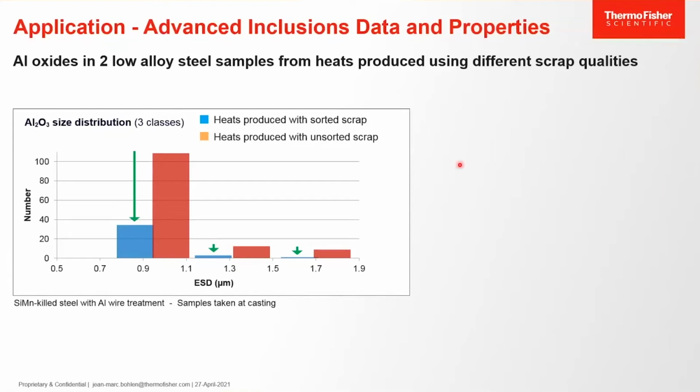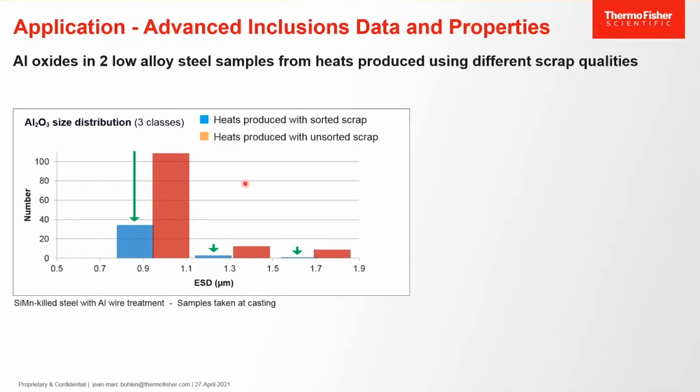The first one, in blue, is a sample taken from a heat produced with sorted scrap, so in principle scrap with more purity, and the red one is a sample from a heat produced with unsorted scrap, so scrap of different sources. So the red one is in principle cheaper than the blue one.